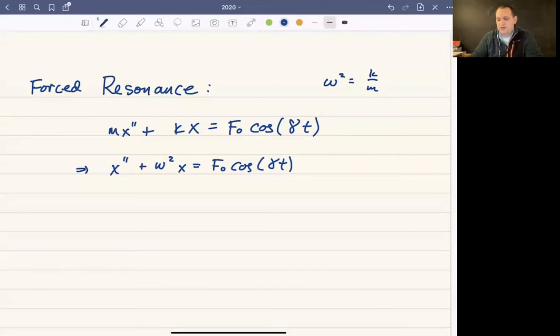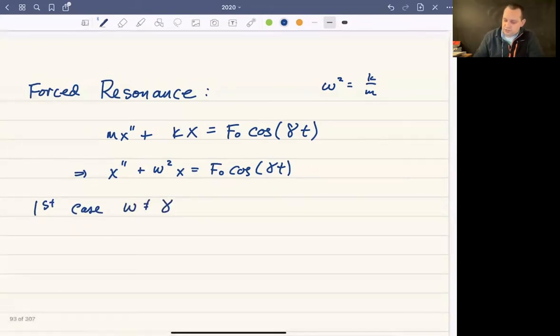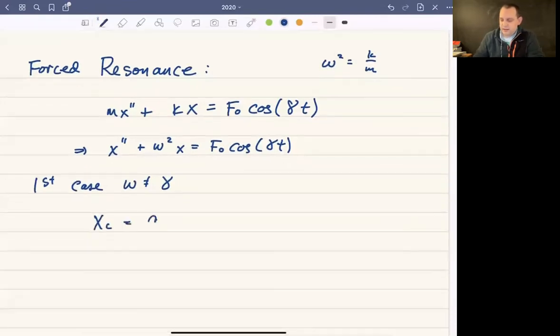And it turns out that solving this is going to break into two cases. The first case is that if omega is not equal to gamma, here your complementary solution is going to be something like C1 cosine of omega t plus C2 sine of omega t.